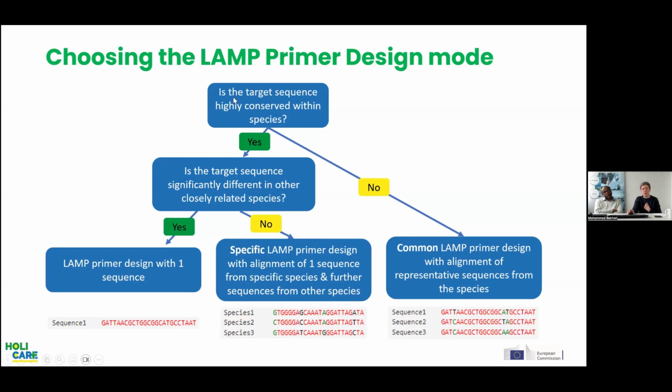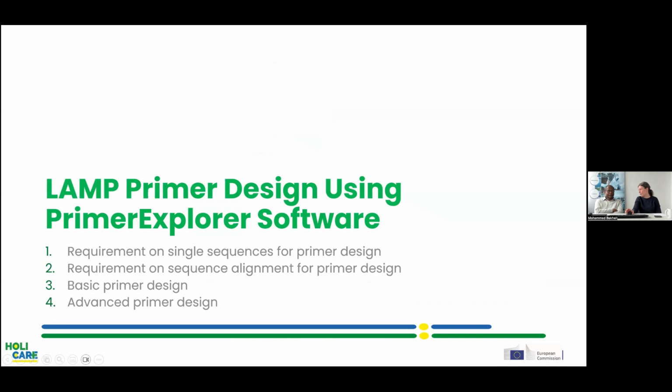But if you answer this first question with no, like for Haemophilus influenzae, as you have seen, then you can do a common LAMP primer design with an alignment of representative sequences from this species. With that, I'd like to give back the hand to Mohammed for an introduction on LAMP primer design.